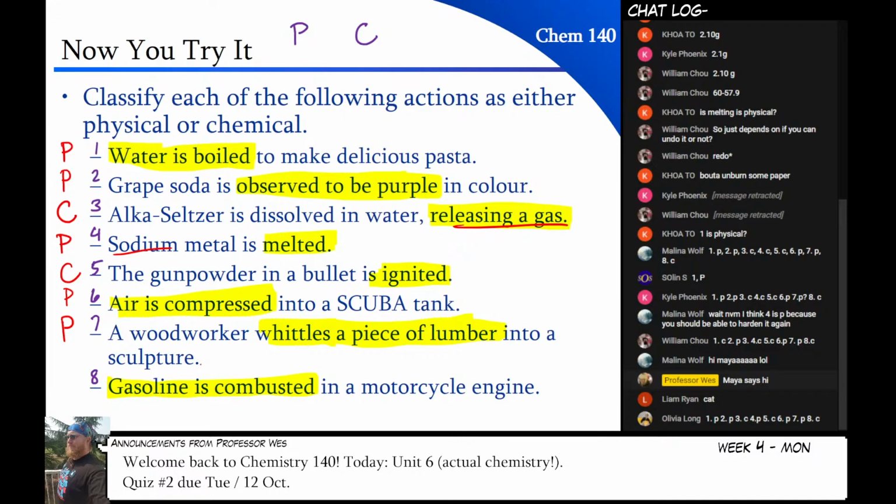You don't capture the exhaust from the combustion of your gasoline and get to reuse it. So we must be doing chemistry here. Gasoline cannot be reused. You get to use it one time. All right, so there you go. Physical versus chemical. Any questions, let me know.